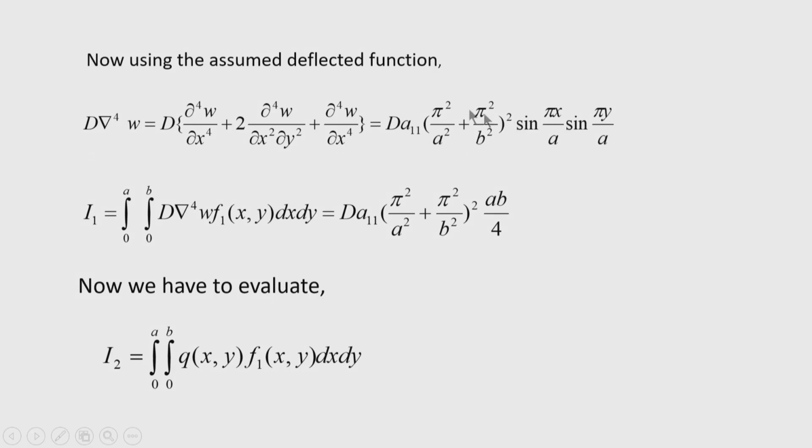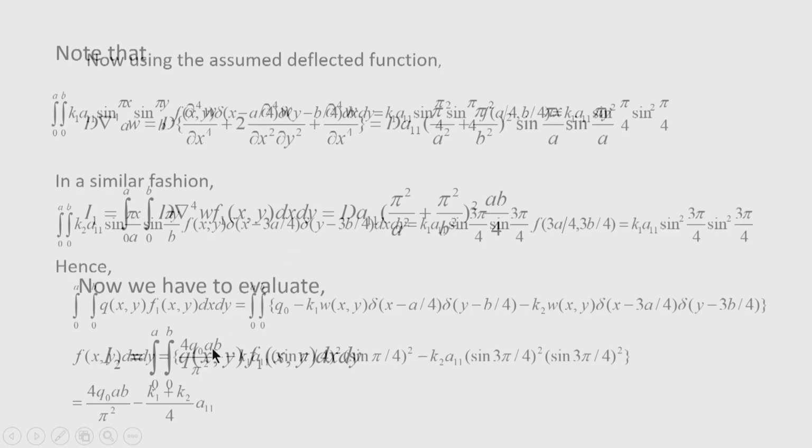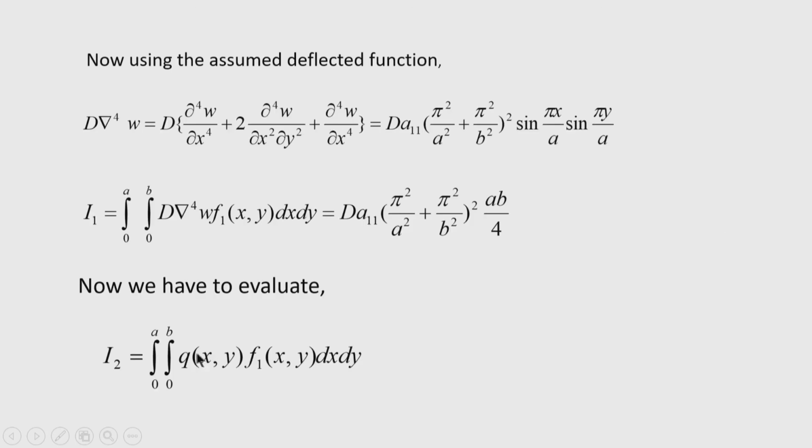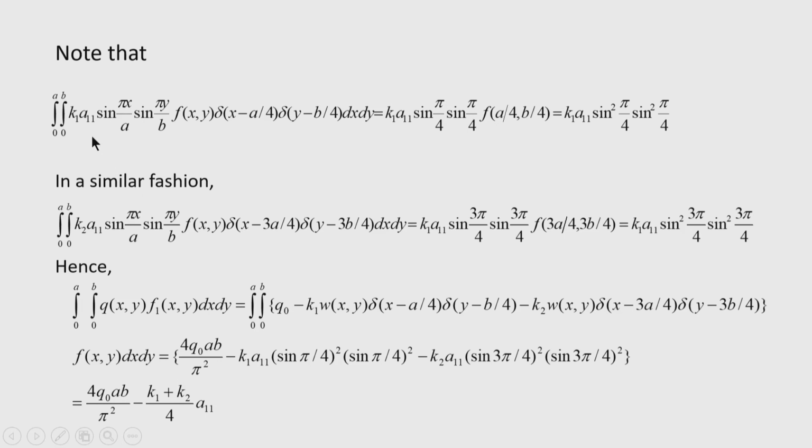This is the standard expression that we know. The second integral now has to be evaluated with the help of the Dirac delta function. The evaluation will be very simplified. With the help of the Dirac delta function, you can see the integration is carried out very conveniently.